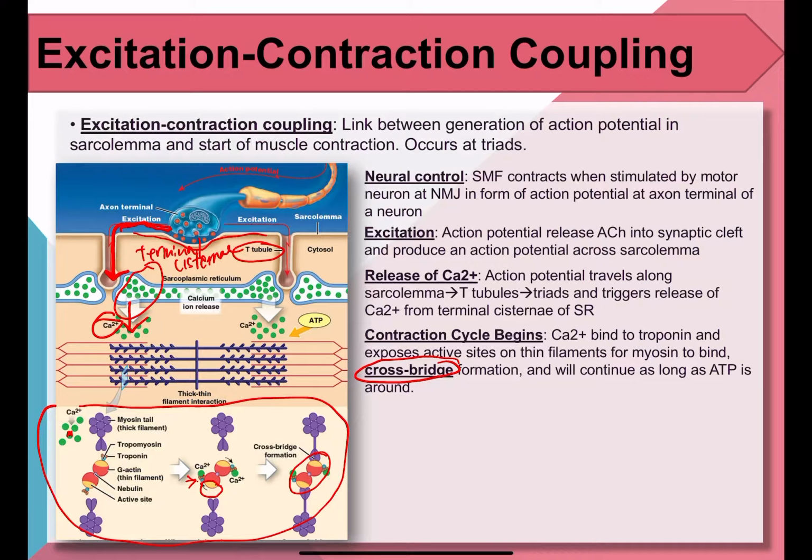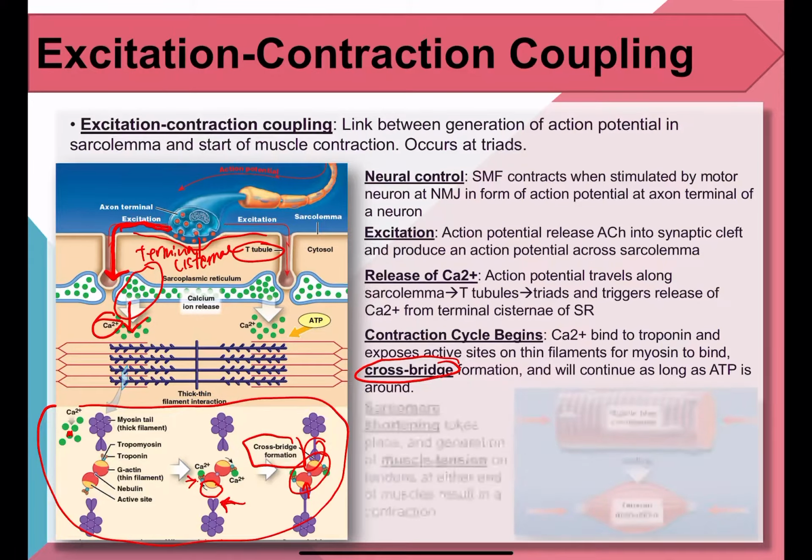Then your myosin head, which is this guy right here, can bind to that yellow region, and this binding right here is what we call the cross-bridge formation, okay?